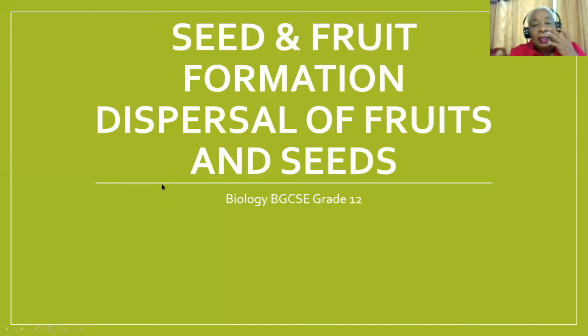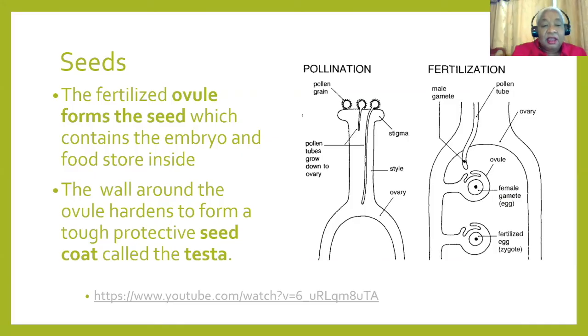Here we go. Seed and fruit formation and dispersal of fruits and seeds. So here, as we said, seeds form when you have a fertilized ovule. What happens when you have fertilization from the last class? You have pollen landing on the top of the stigma.